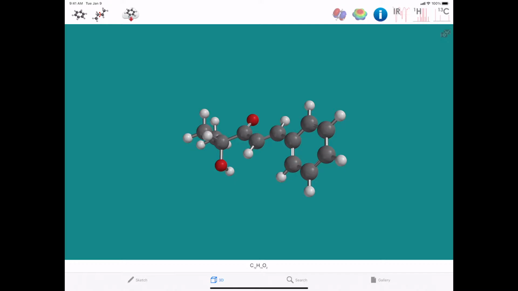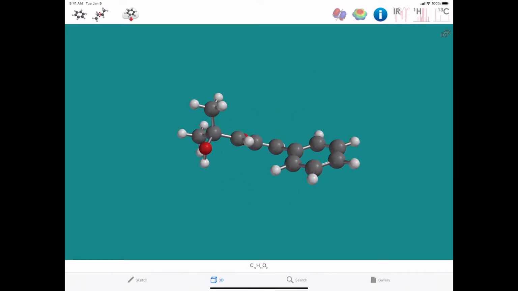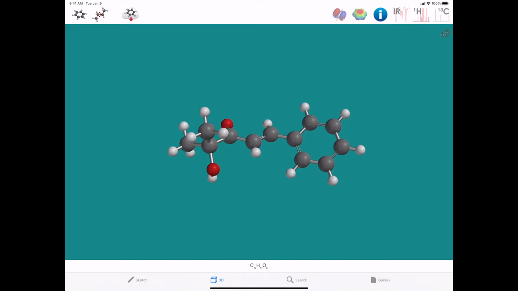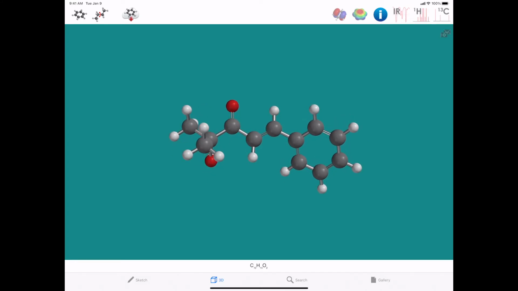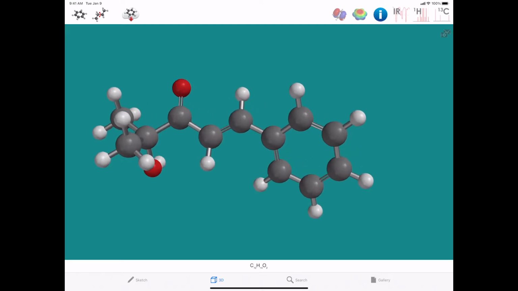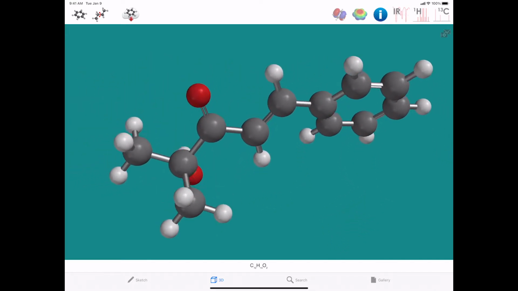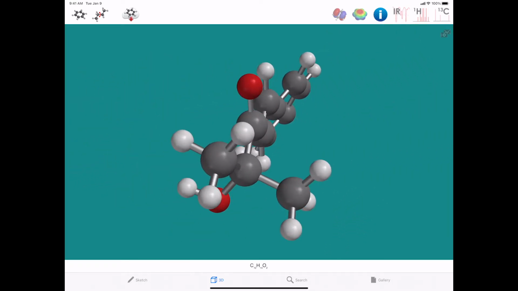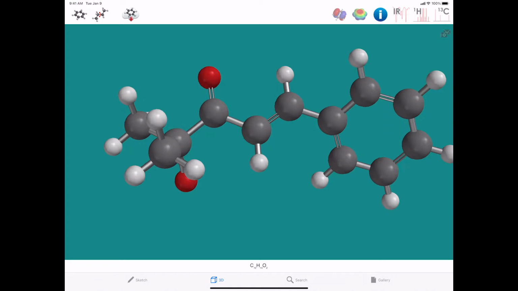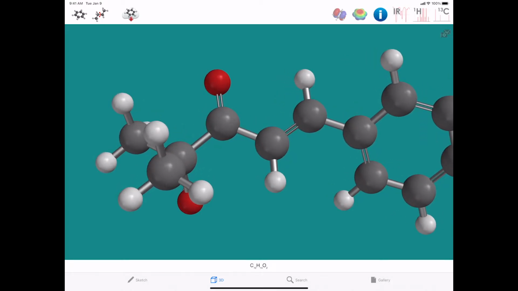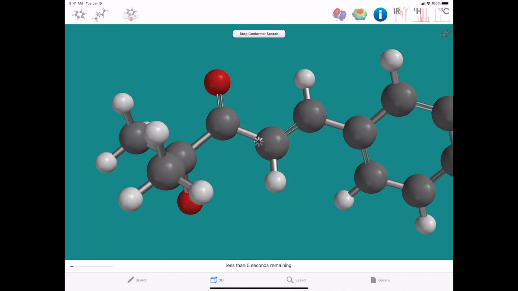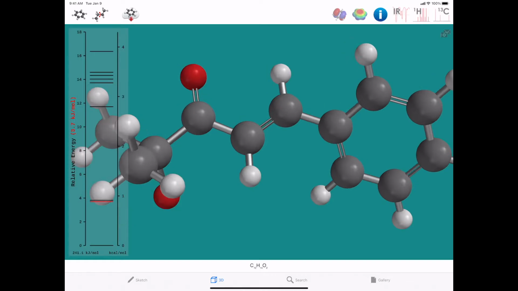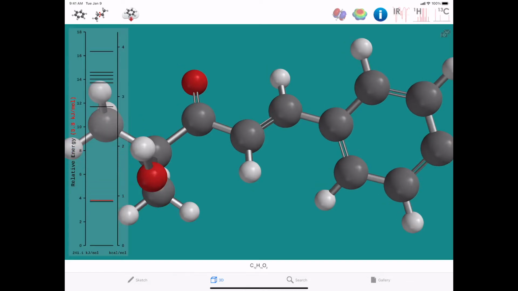All right. So there's our structure. It's drawing it in the s-trans conformation. We would need to rotate around this bond to get this group here. I'm going to see if we have any information. Molecule not in database. Oh, but it is going to give us some conformational issues.